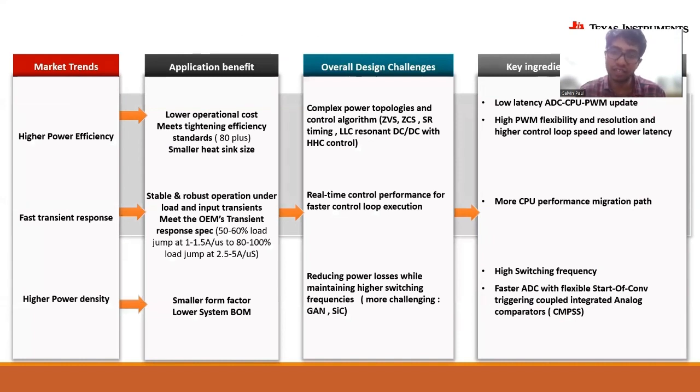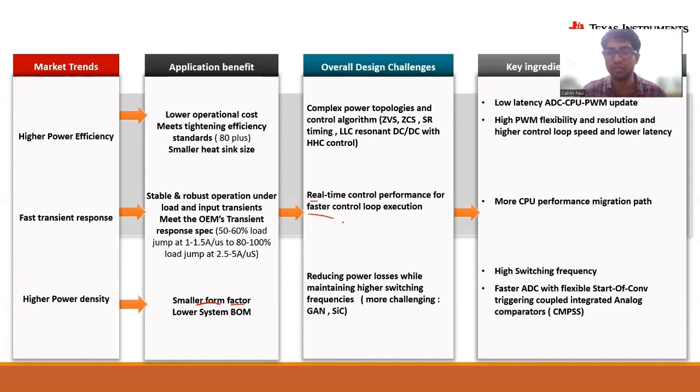What is happening is we want high efficiency, fast transient response, and high power density. We also want a smaller form factor, which means we want the power density to be very high. We want compact chargers, compact converters, etc. Also, the transient response should be good, and for that, we need a fast control loop.